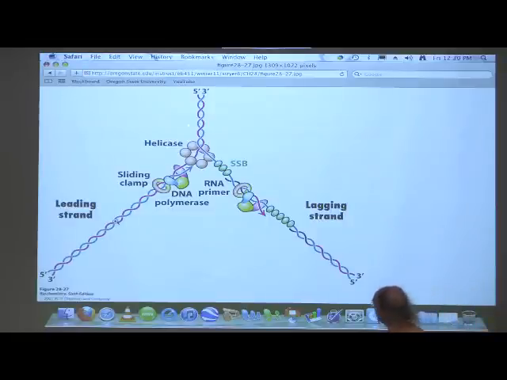For the moment, I want to focus on the helicase. The helicase has to unwind strands faster, or at least as fast, as the DNA polymerase can replicate DNA. Now, this polymerase is making 1,000 nucleotides a second, and it's doing it here, and it's doing it here. It's looking both ways. It's phenomenal what it's doing. This helicase has to unwind strands to at least keep up with the pace of the DNA polymerase.